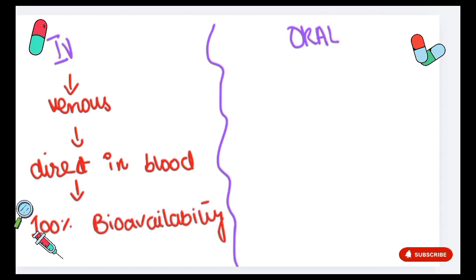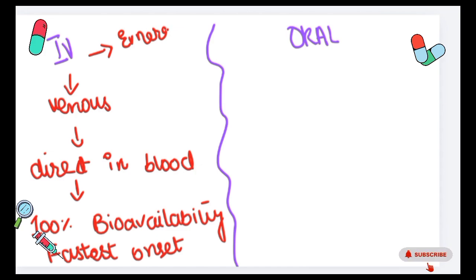Remember, bioavailability is about how much of the drug reaches the bloodstream. So if we inject 100% of the drug in the vein, we can say 100% bioavailability. That is why it has the fastest onset of action and is used in emergencies.